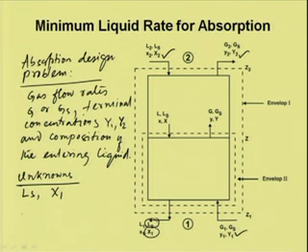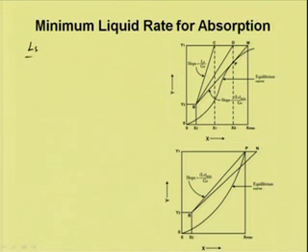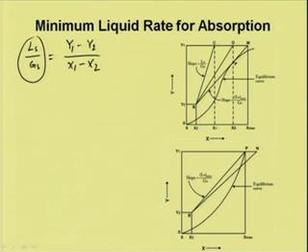Then we can do the overall material balance: Gs into Y1 minus Y2 is equal to Ls into x1 minus x2. From this equation we can write Ls by Gs is equal to Y1 minus Y2 divided by x1 minus x2. So, this is the slope of the operating line.